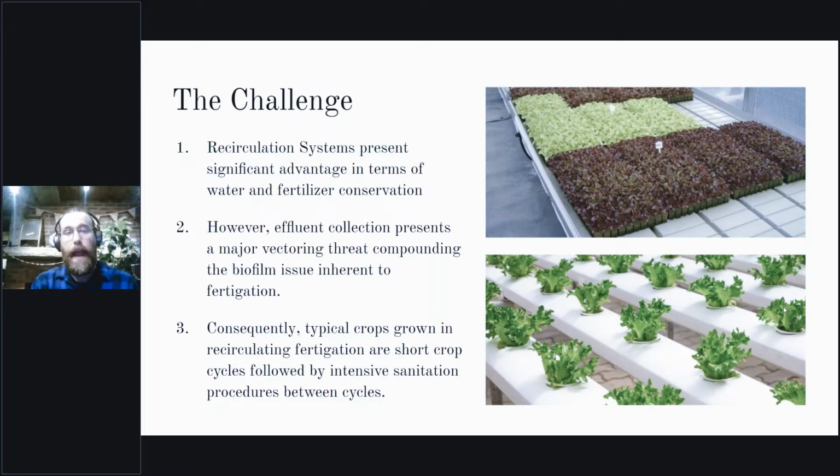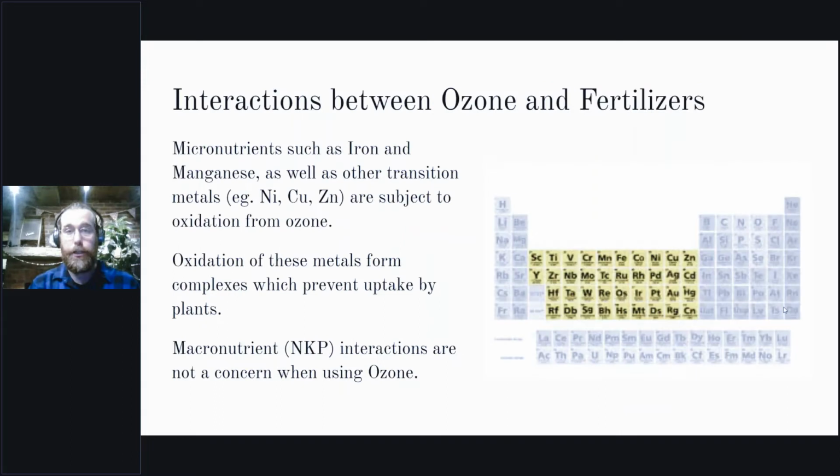Let's talk about the interactions between ozone and fertilizers. Micronutrients such as iron, manganese, as well as other transition metals, which are highlighted in yellow on the periodic table, including nickel, copper, zinc, moly, and others, are subject to oxidation from ozone. These are incomplete valence shells and highly reactive with ozone.